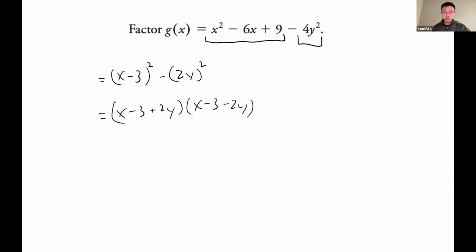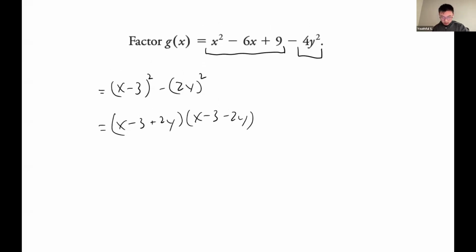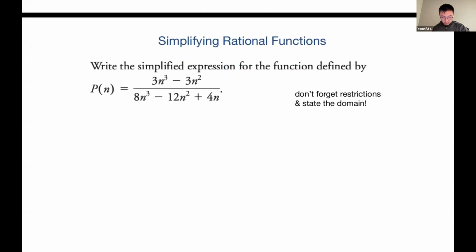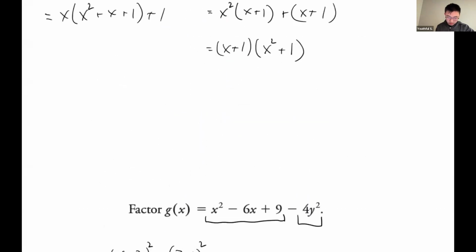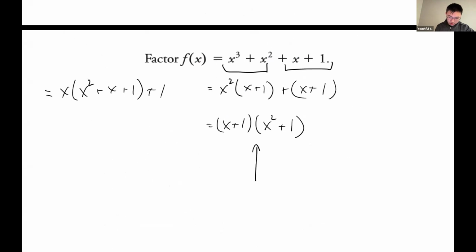So yeah, try and look for these patterns like perfect square trinomials. Because the goal is to basically factor it as much as possible. So again, in this example here, this is much better, I would say, than this, because you have a plus 1 here, so it's not fully factored, but this is fully factored.